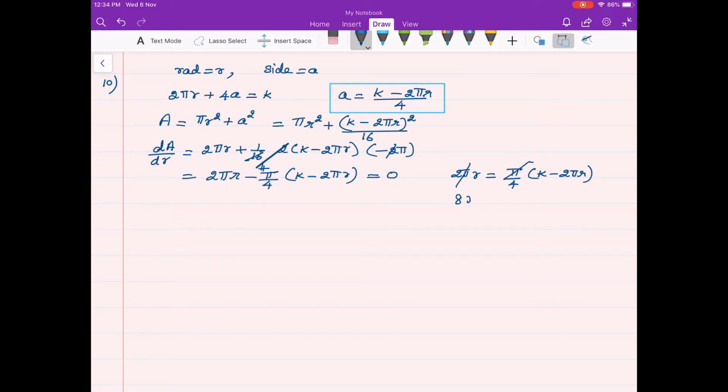We get 8r is equal to k minus 2 pi r. 2 r is common. 4 plus pi times r is k. Therefore, r is equal to k divided by 2 times pi plus 4.